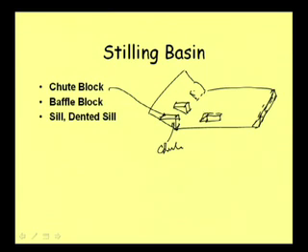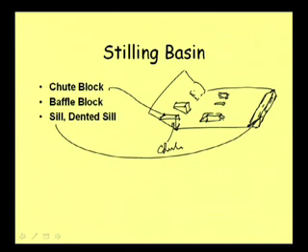We can have several baffle blocks placed here. Now, I am not drawing that in detail, and then at the end we are providing a sill like this, and this is called a sill. These blocks in between, we are calling baffle blocks. My diagram is not that proper here, but anyway, these are some concrete blocks that we are providing to obstruct the flow, and then the flow is moving.